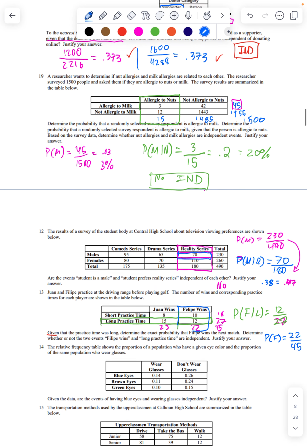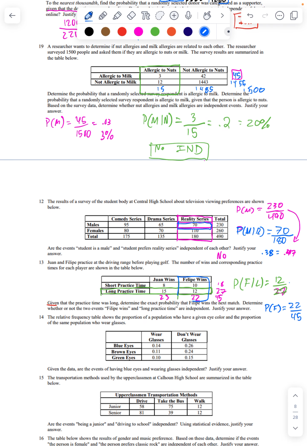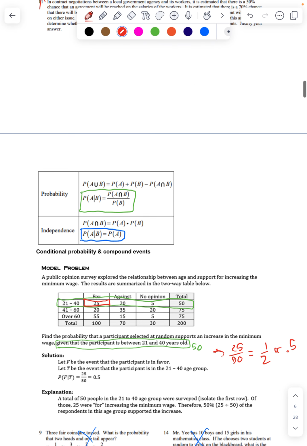So remember, in our example, Felipe winning given a long time is 12 over 27, and Felipe winning normally is 22 over 45. Now these two, if you put them in the calculator, are not equal to each other. That's what it's asking you to do.